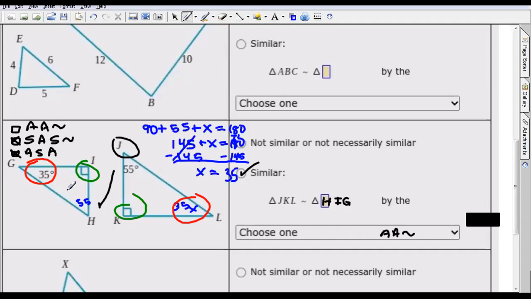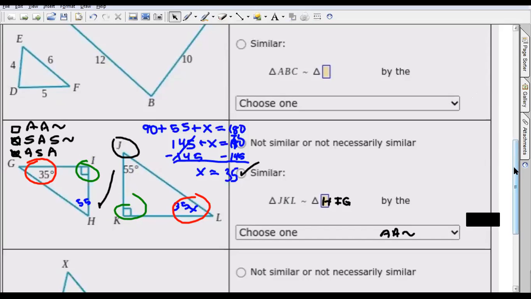It's not oriented the same direction. So don't go by the position, go by what measure it has. The 55 matches the 55, the 90 with the 90, and the 35 with 35. Be careful with that. Any other question?